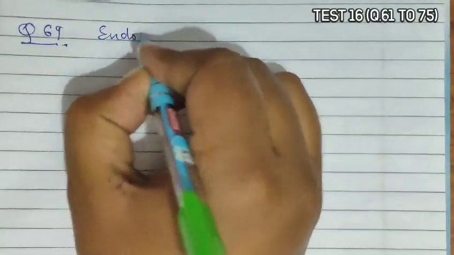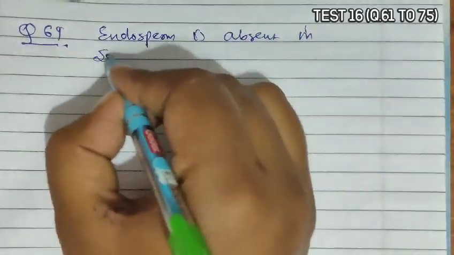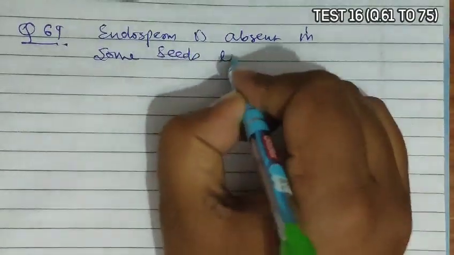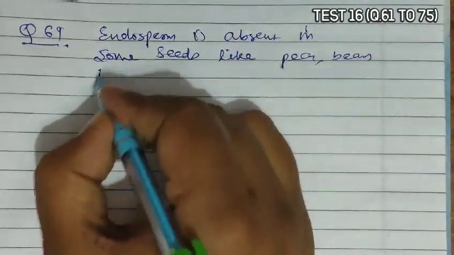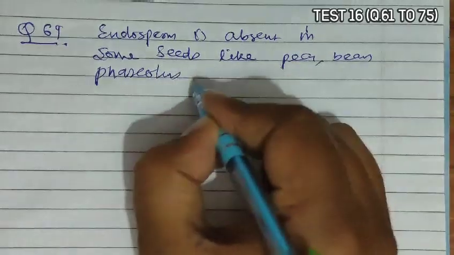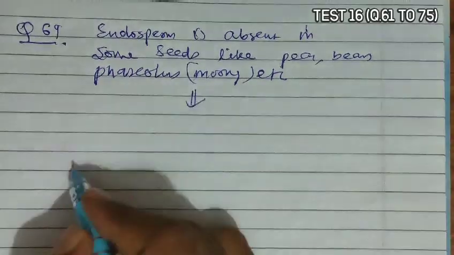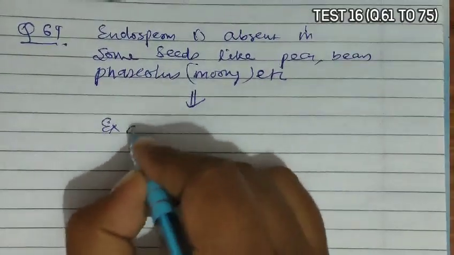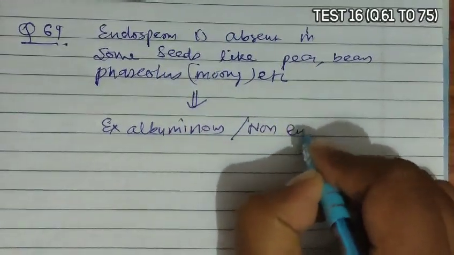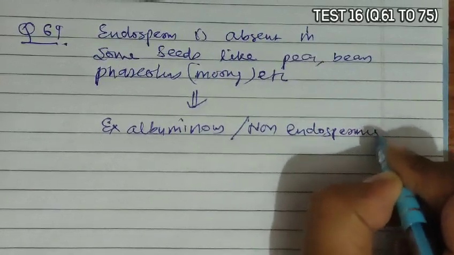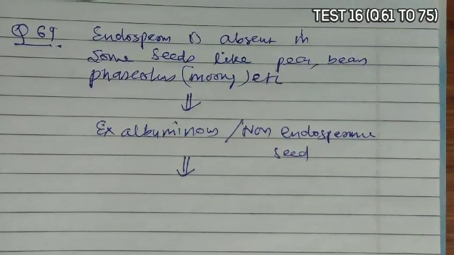Okay, endosperm is absent in some seeds like pea, bean, phaseolus, that is moong, etc. So if endosperm is absent, it is known as exalbuminous or non-endospermic seed.